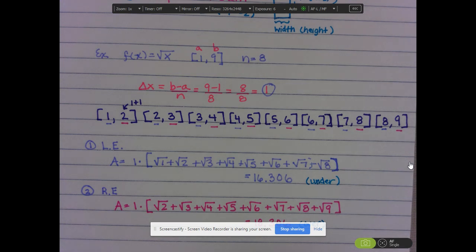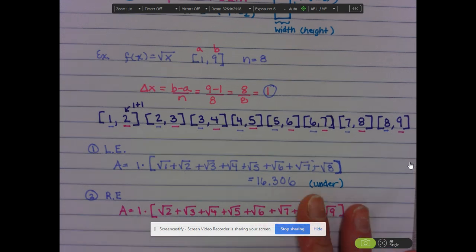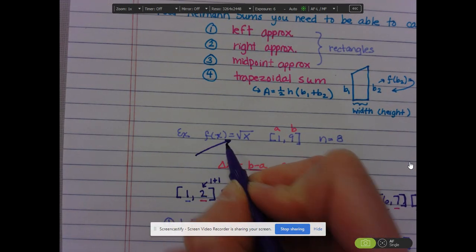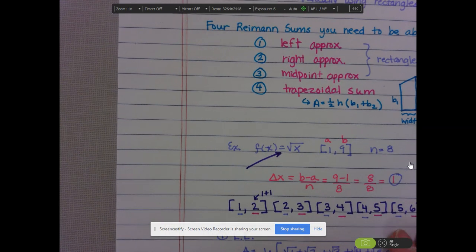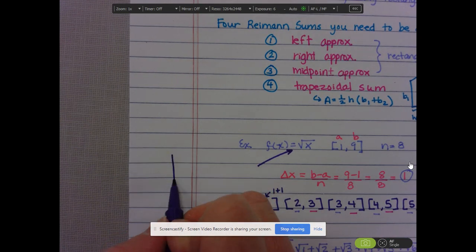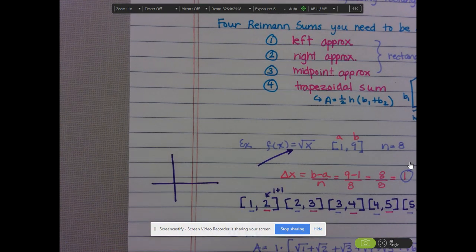Our actual area lies somewhere in between those two. But one of the things you're going to have to be able to do on the AP exam is be able to determine whether this is an under or an over without actually doing the math itself. And that goes back to the function itself. So off to the side, we're going to look at this function, and I see that we've got the square root of x.